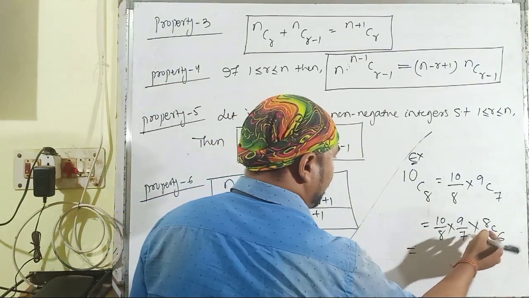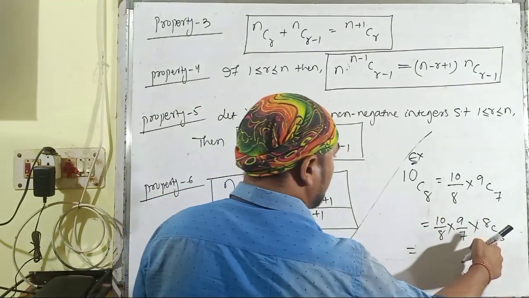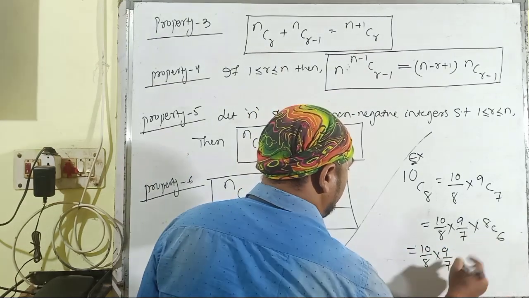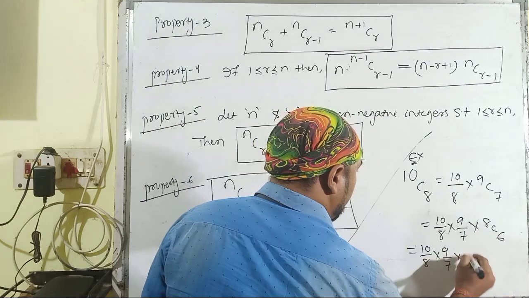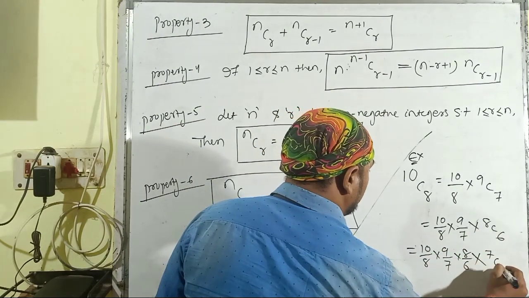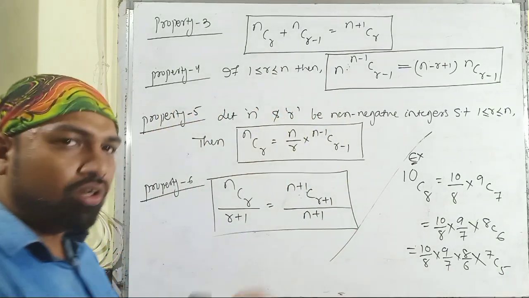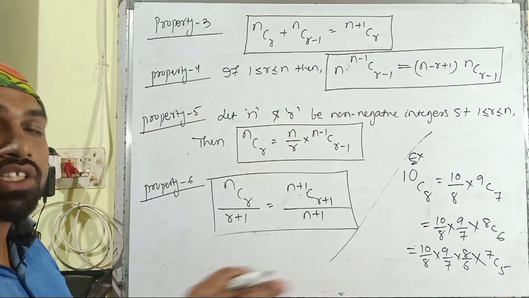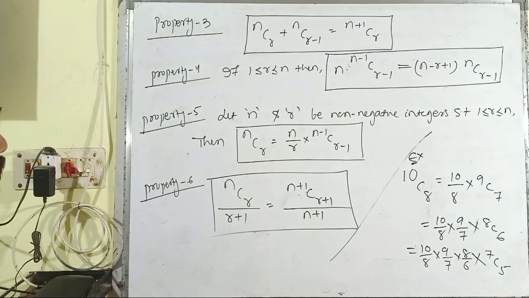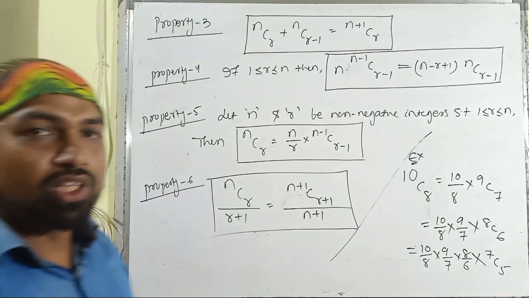Again you can apply this property in case of 8C6, and this will be 10 divided by 8 multiplied with 9 divided by 7, and here it will be 8 divided by 6 multiplied with 7C5, and you can also continue them till it reaches 1. So these are some of the 6 properties based upon the combination topic.